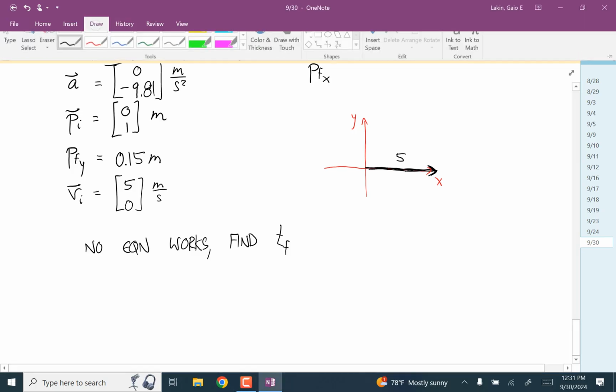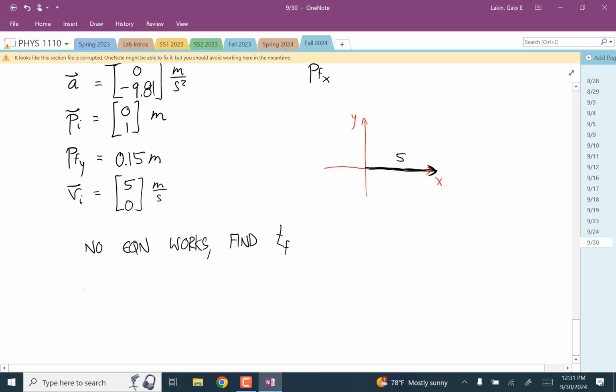And that's the y component of the position equation. So pfy is equal to piy plus viy tf plus 1/2 ay tf squared. So you can see it has tf in it. We know pfy, piy, viy, and ay. So this one will work.